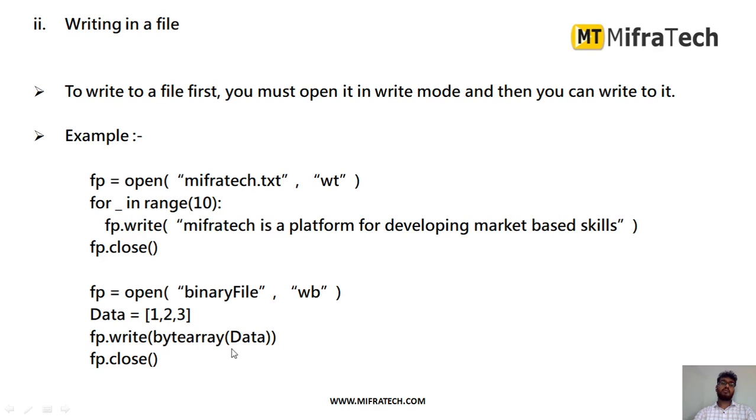I am adding binary data 1 to 3. After writing the data we will close the file. So this is how you can open a file in writing mode and write data into it. In Mifratech.txt, I am writing the text: Mifratech is a platform for developing market based skills. So this text will be added to the Mifratech.txt file.